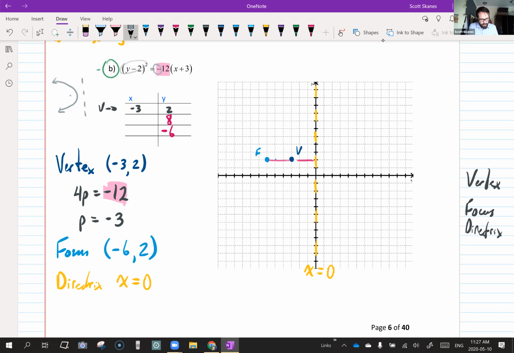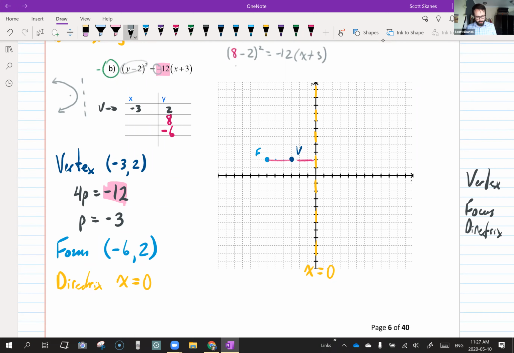So if I take these and put them in for y, it'll give me back an x value, okay? I'll put in 8. You'll only have to do this once because it's symmetrical. 8 minus 2, squared, equals -12 times x plus 3. I'm just solving for that x. So this is 8 minus 2, which is 6.